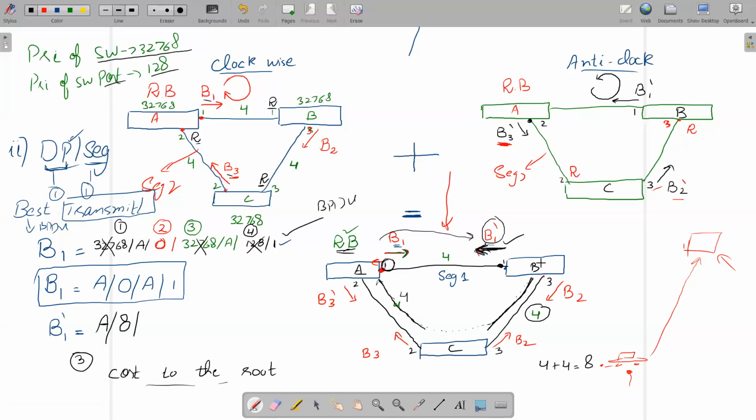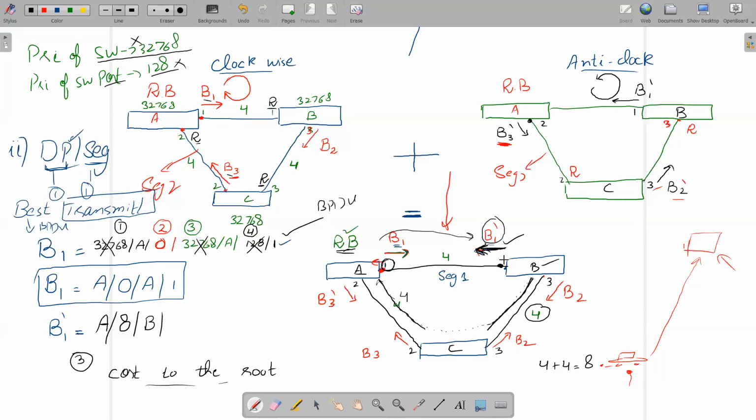So the sender ID means the sender priority or the sender MAC address, but we are not going to write the sender priority because by default all are having the same priority. So I'm going to write only the MAC address. And then the sender port ID, and in port ID there are two things, port priority, but we are not going to write the port priority because every port has the same priority.